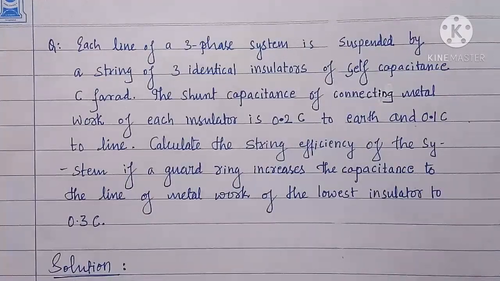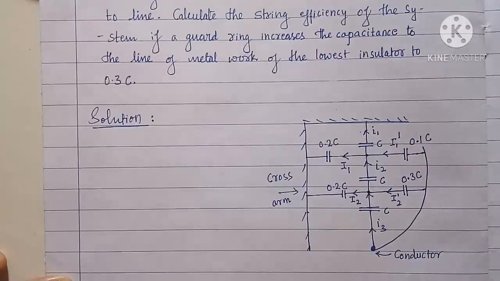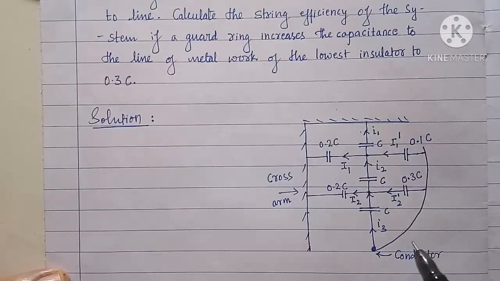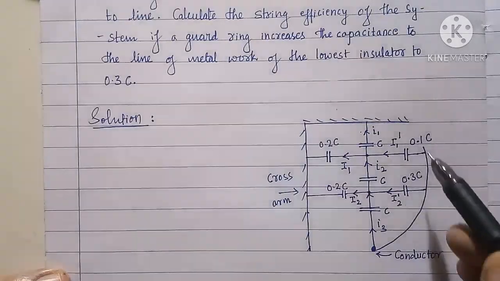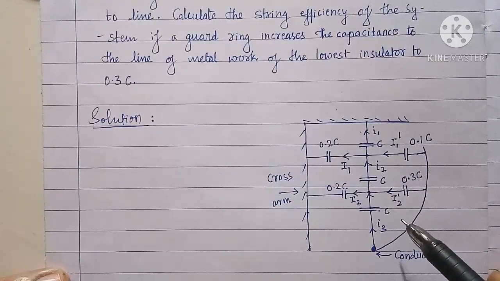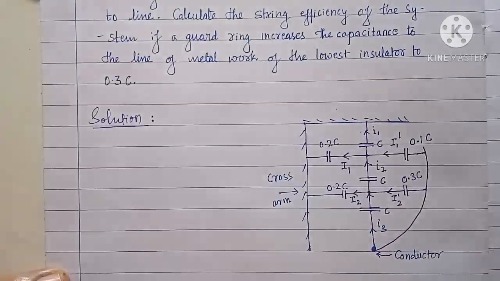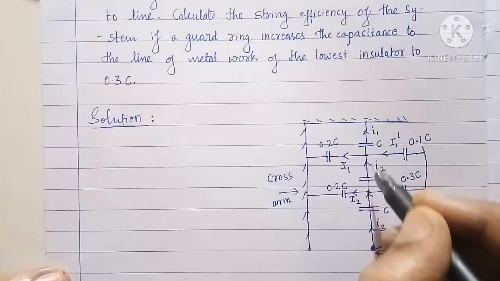Now we will draw a relevant figure for it. Yes, now you can see here various capacitors and guard ring, also the currents flowing through various capacitors. Now to find the voltage across each unit, we will apply KCL to the junctions here.